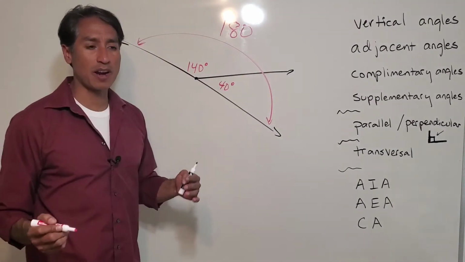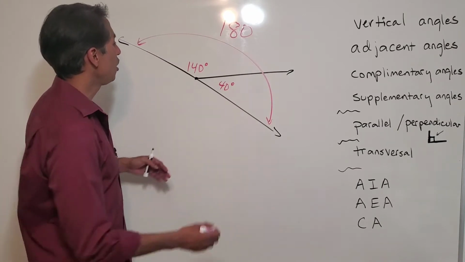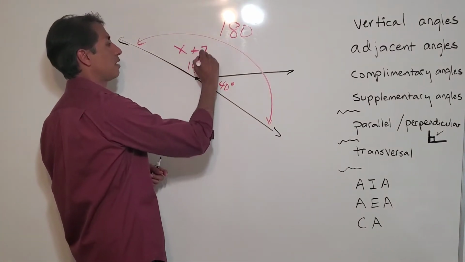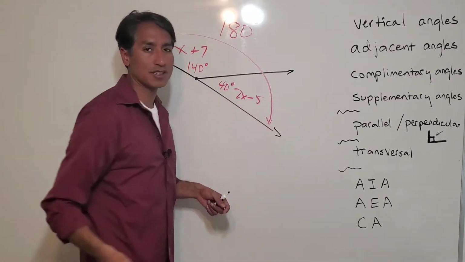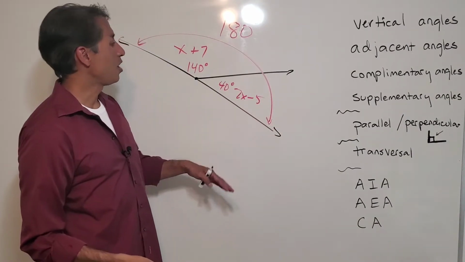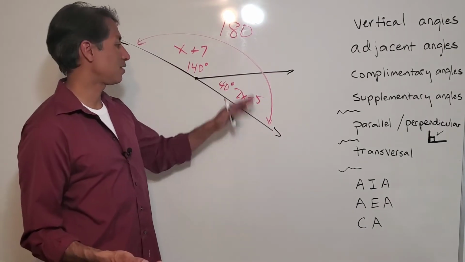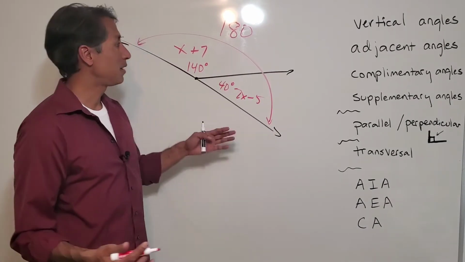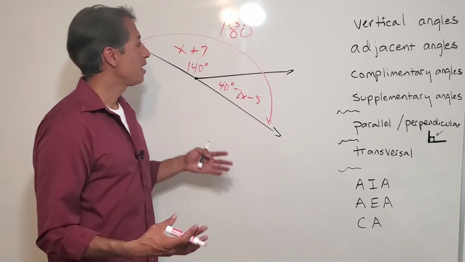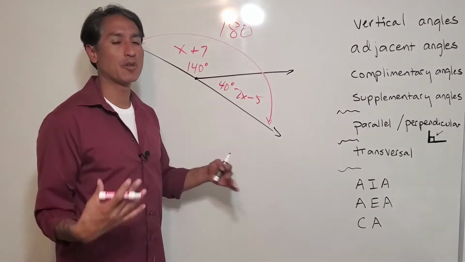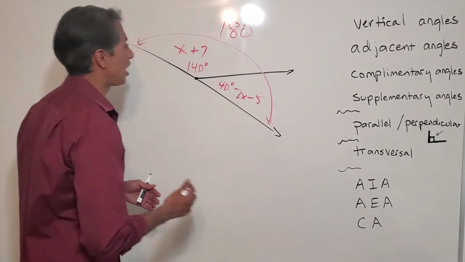This, again, is where the vocab starts coming into play in these problems because they're going to say, well, this value over here is like x plus 7, and this over here is like 2x minus 5 or something. And so what is the measurement of x? Or like, what is the amount of this angle right here? And you're like, I don't know. But if you know that they're supplementary, which they'll usually tell you in the problem, then you have something to work with. And we're going to get into that as we do a couple of the problems from this chapter.